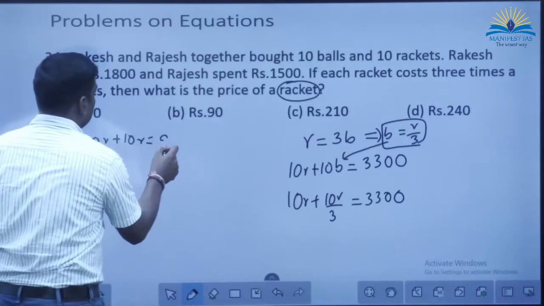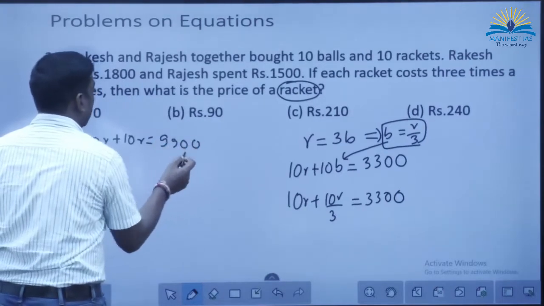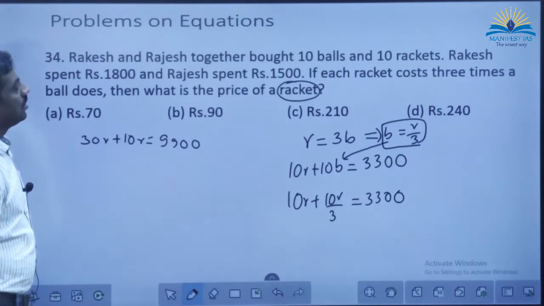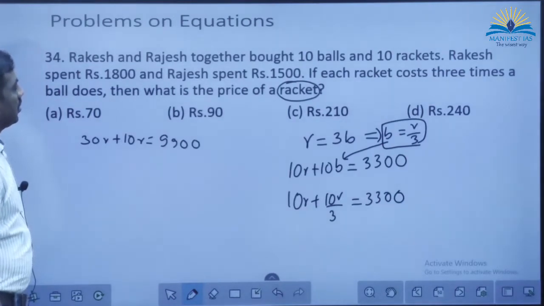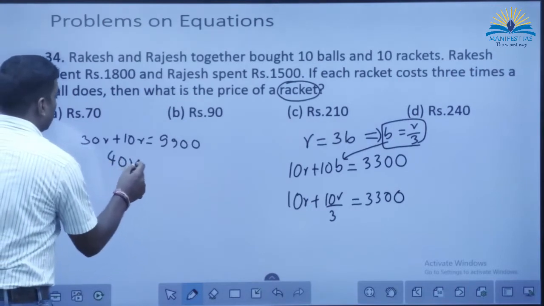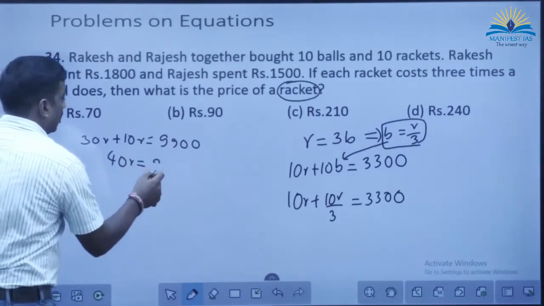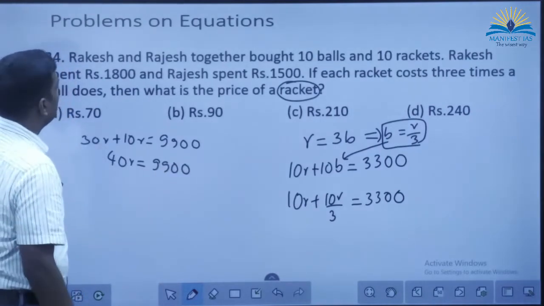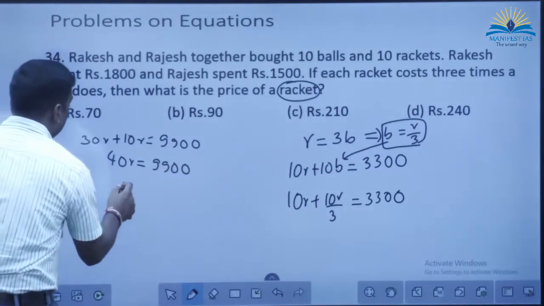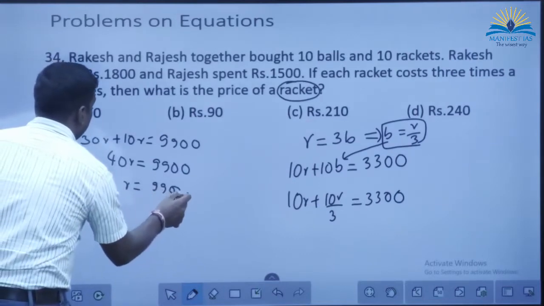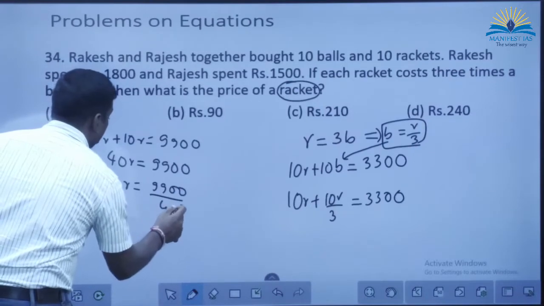Is equal to 9,900. 40R is equal to 9,900. R is equal to 9,900 divided by 40.